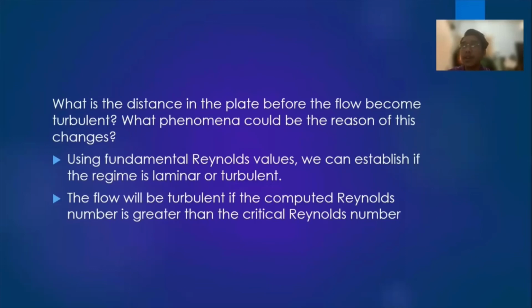This shift occurs as the plate distance increases because the region of the viscous layer changes and the leaking effect is only important in this area, causing the flow to be disturbed. To transition from laminar to turbulent flow, the critical Reynolds number must be achieved. The flow will be turbulent if the computed Reynolds number is greater than the critical Reynolds number.